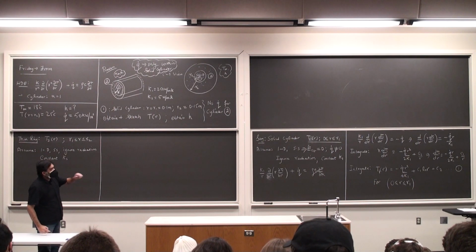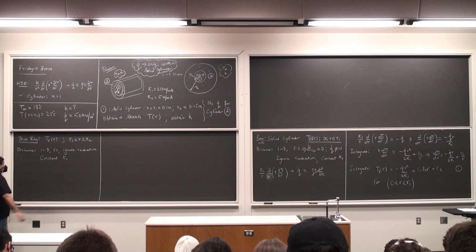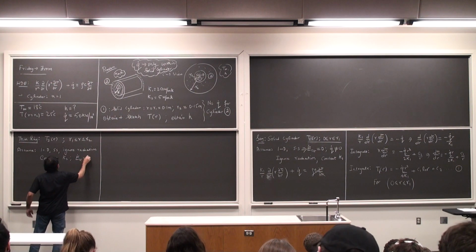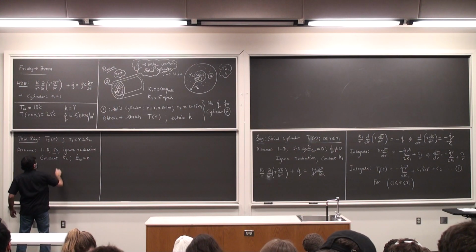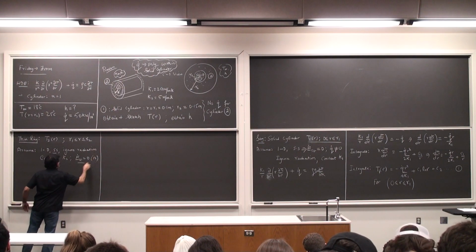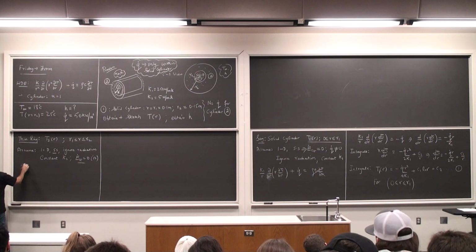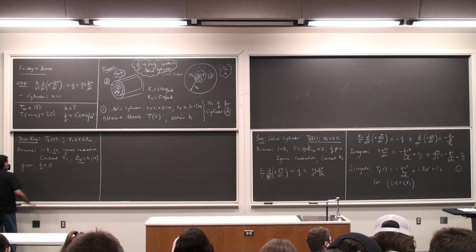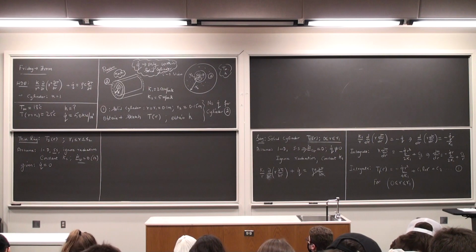Alright, and then Q dot is 0 for this situation. So E dot stored is 0 because of steady state, and Q dot is 0 for this case.